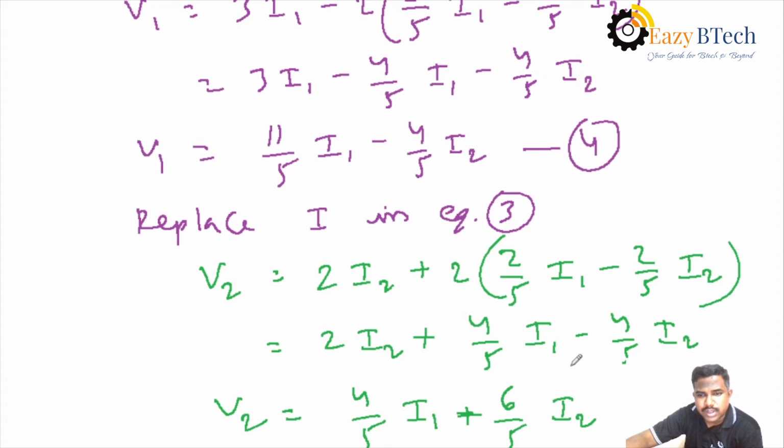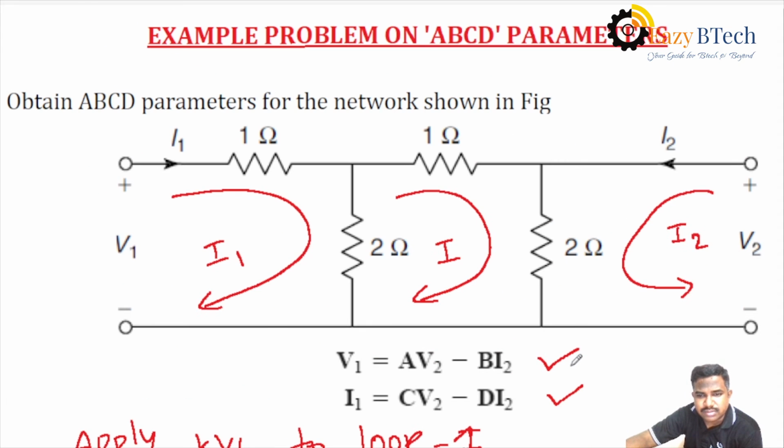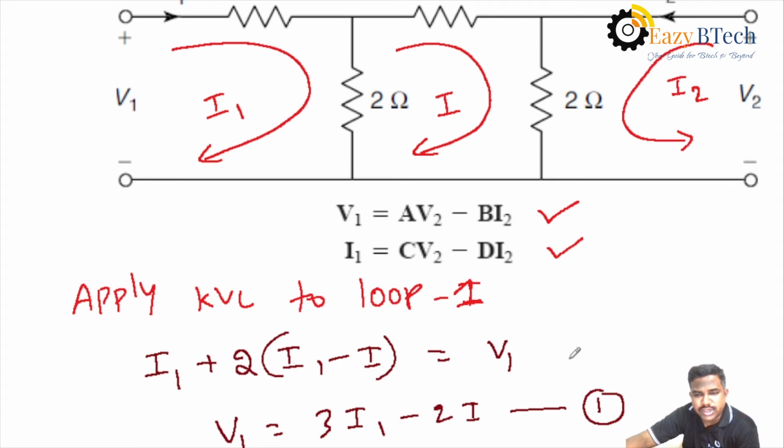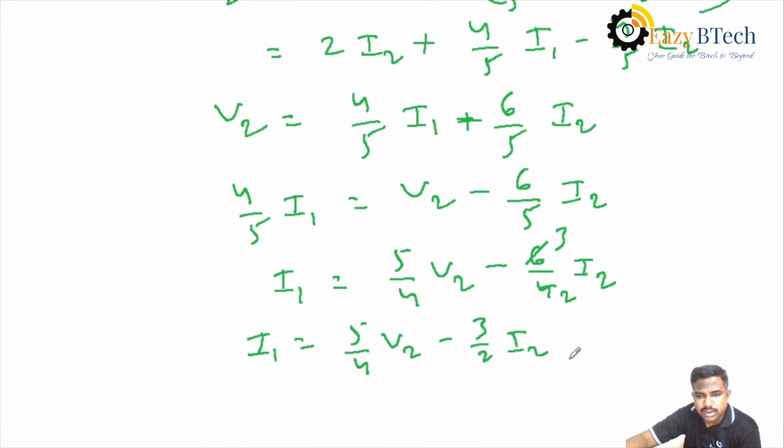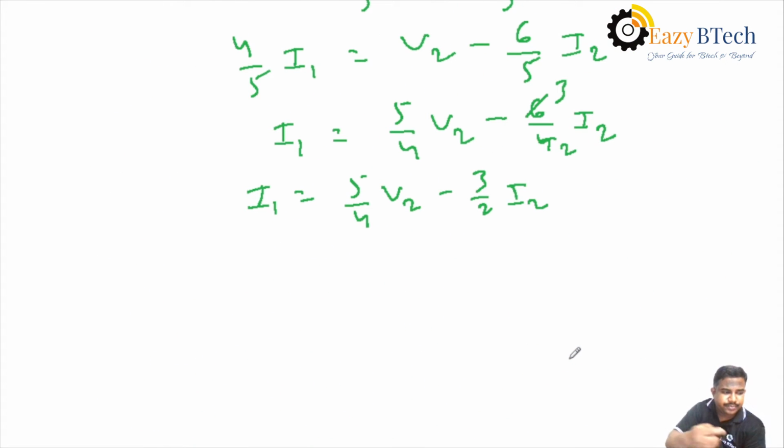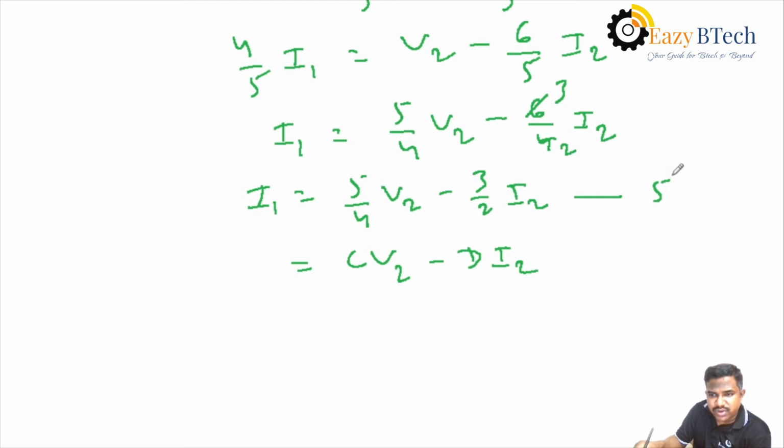We have to compare with the standard equation, that is I1 equal to C into V2 minus D into I2. From that we know the values. The value of I1 is taken as equation 5.